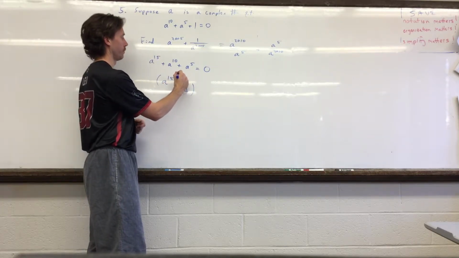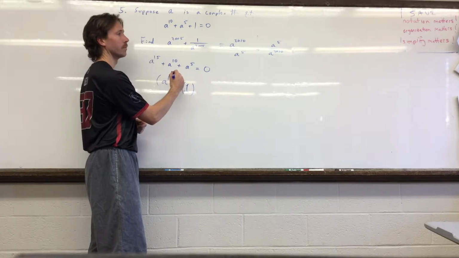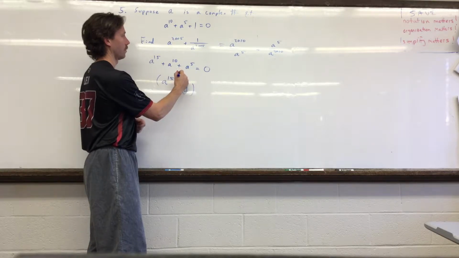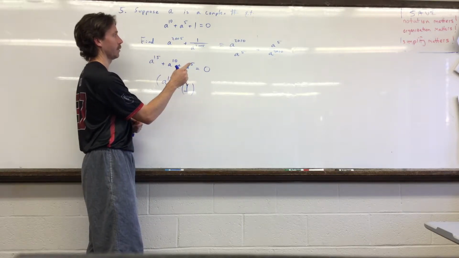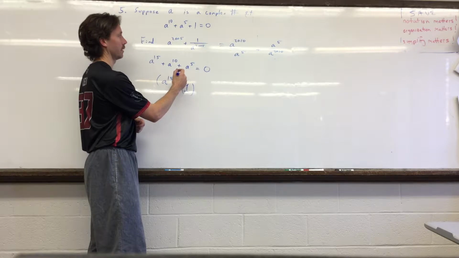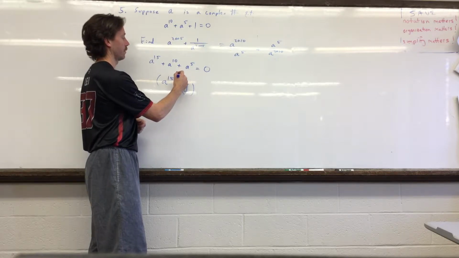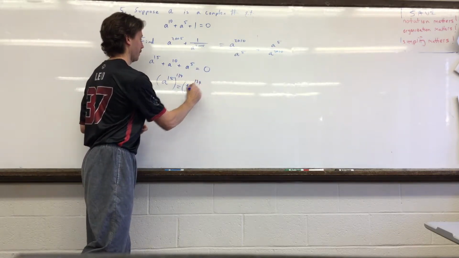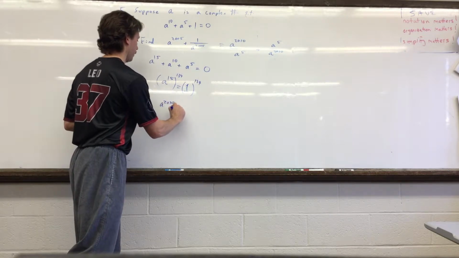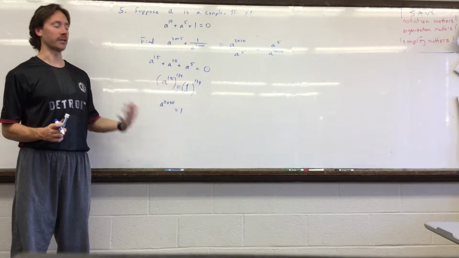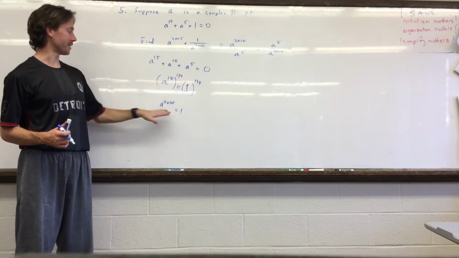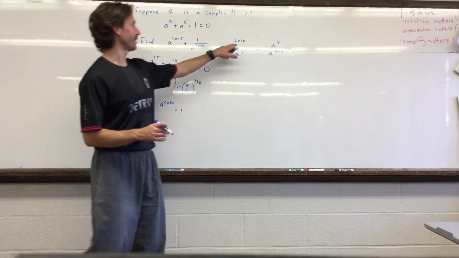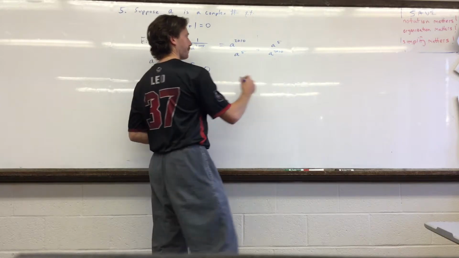No. Okay, so if I got the number wrong, it doesn't matter. 2010 is a multiple of 15, so whatever number you get, this is just 1, this is just 1.